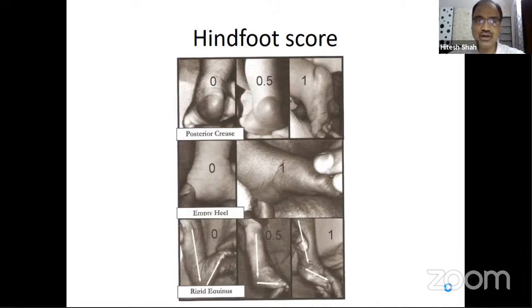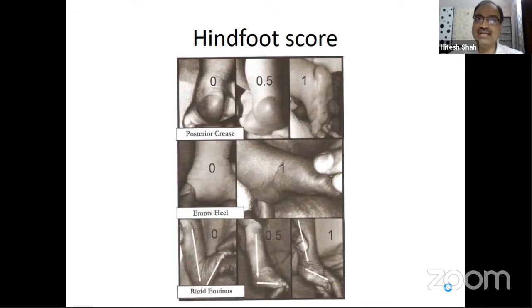If we do not find the posterior crease, it is 0. When there is a deep crease, it is 1. When there is a faint line, it is 0.5. Similarly, when you can palpate the calcaneum, that is not an empty heel sign and it is 0. If you cannot palpate the calcaneum in the heel, then it is a positive empty heel sign and it is 1.